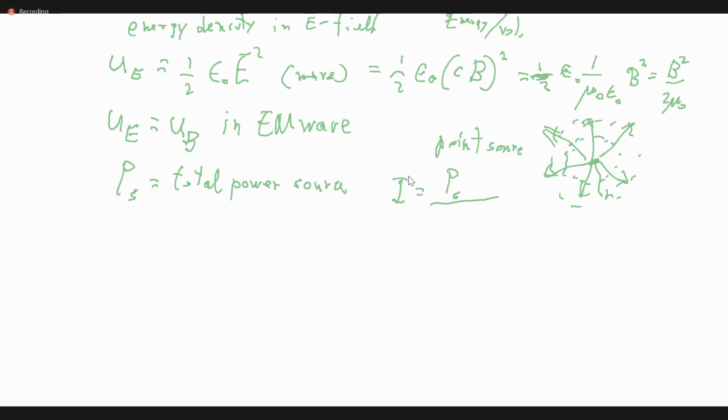The area of that sphere would be 4 pi r squared. So you see that the intensity gets weaker and weaker as you go further out. It goes as 1 over r squared. It's sort of like the electric field due to a point charge. Same geometric dependence.